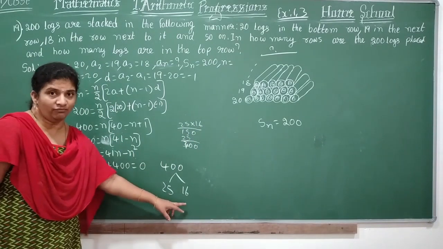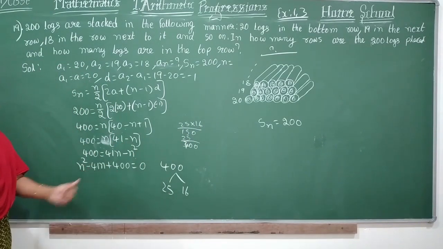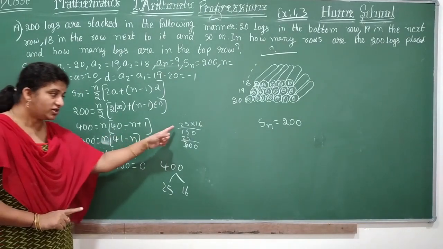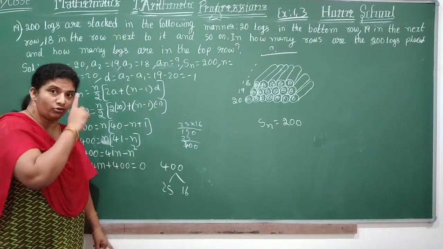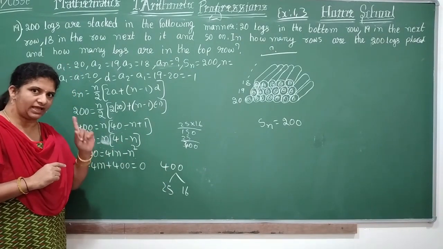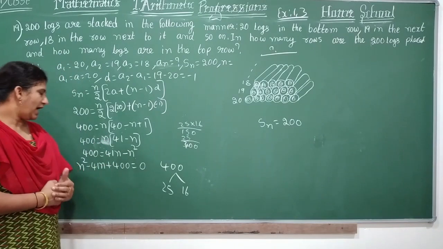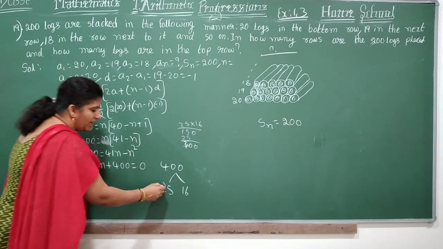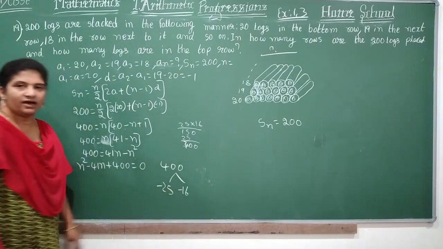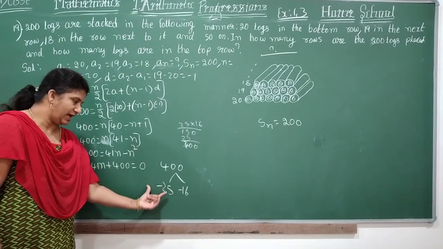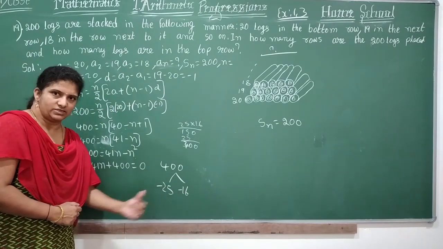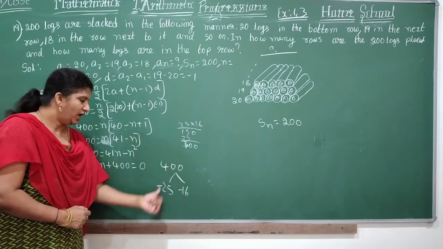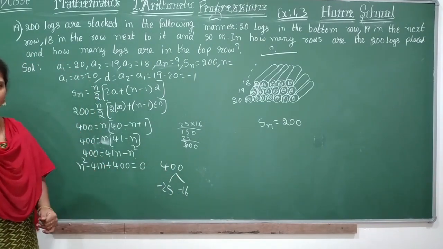But I should get minus 41. How could I get minus 41? See here, children, factorization. I have shown you the LCM method also, so with that you can also try. When both are negative, take the sign and add these two: minus 25 and minus 16 add to minus 41.